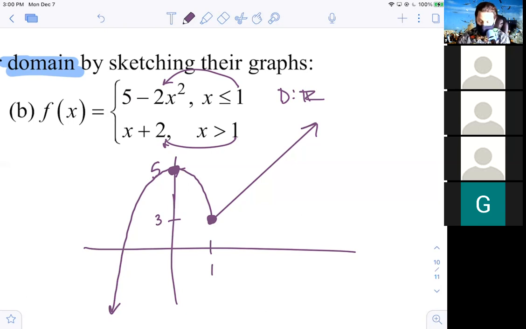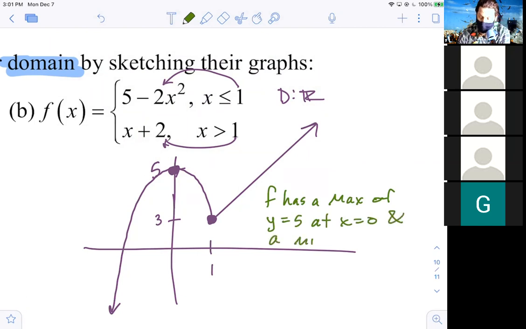So that makes a pretty good question. We did that with the IVT, though. So we'll just say f has a max of y equals 5 at x equals 0, and a min of y equals 3 at x equals 1. Is that right?